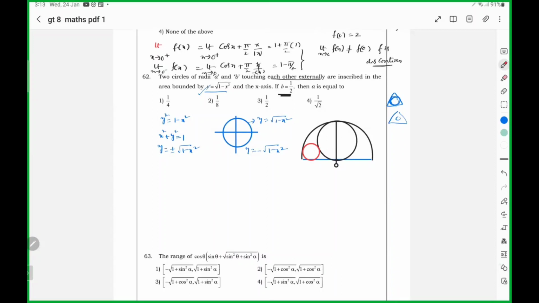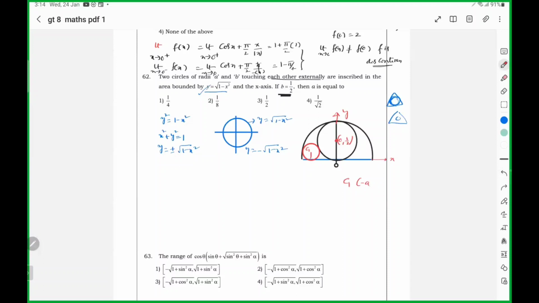So now what I am doing here, if I take this as x-axis, this as y-axis, its center will be 0 comma half. So what will this be? No doubt it is the radius. He told the radius is a. The C1 center will be here, that is minus a.